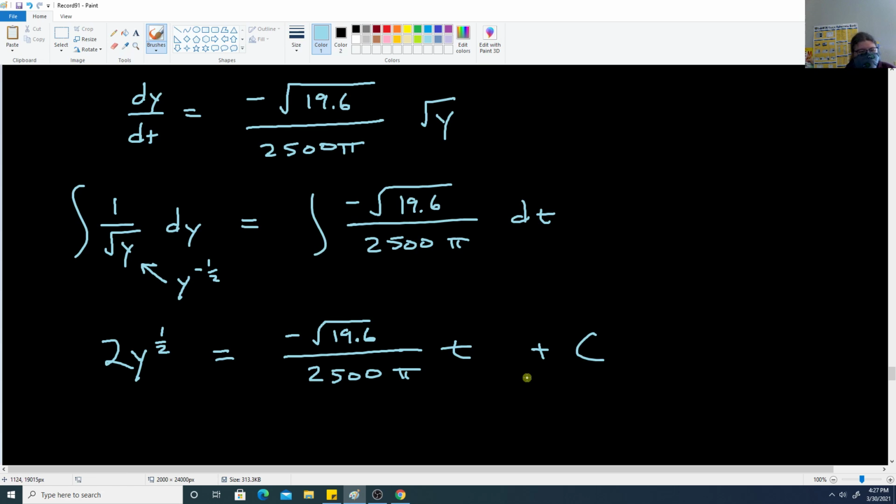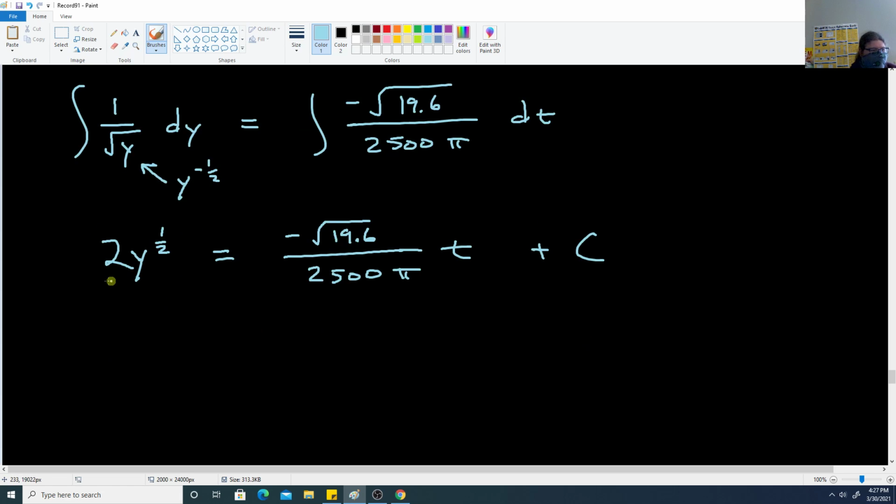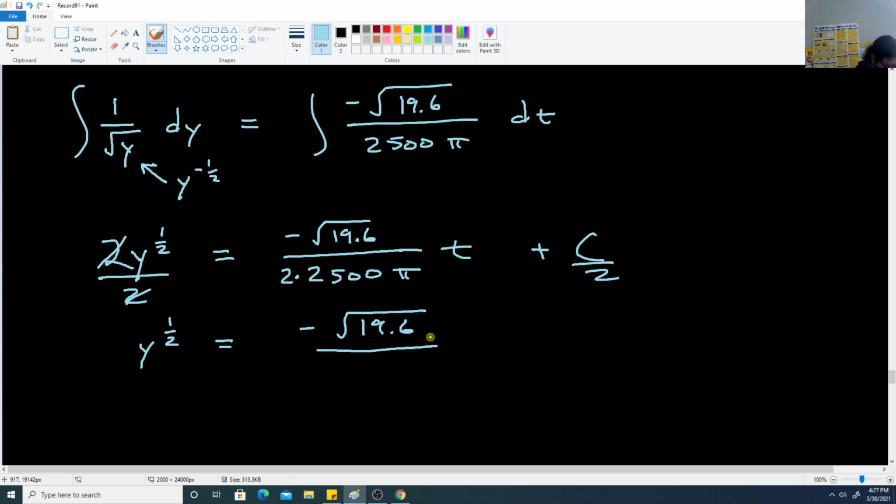So we're getting close to having an equation. We have a couple of things we need to do. I need to divide by 2 here. So I'll divide out there by 2. I get y to the 1/2 power equals negative square root of 19.6 divided by, let's see here, 2 times 2,500 should be 5,000 with a pi.